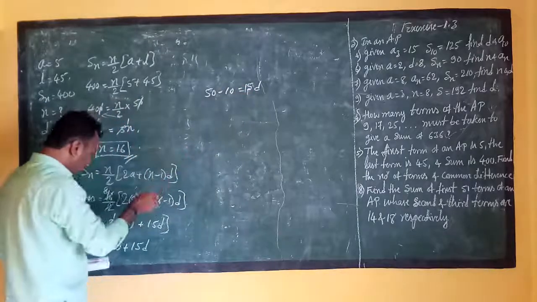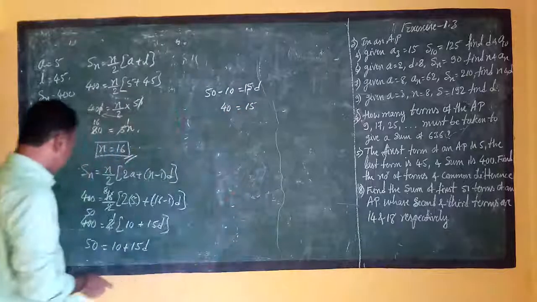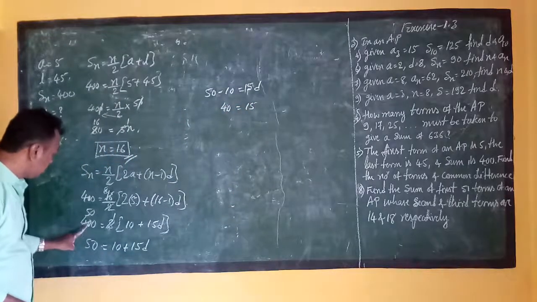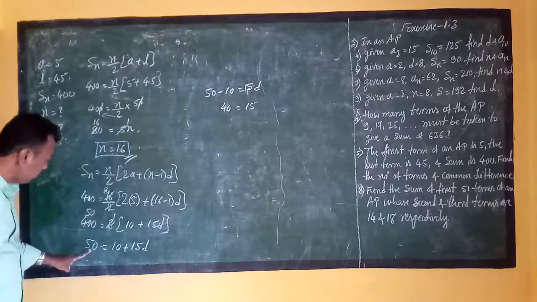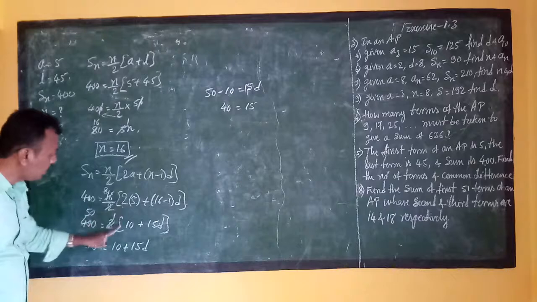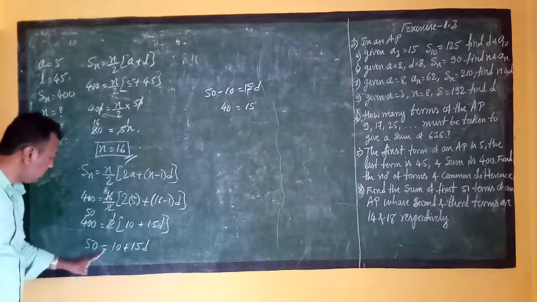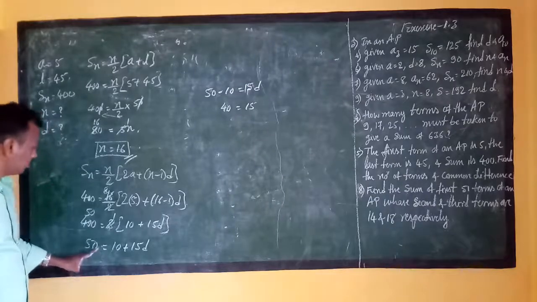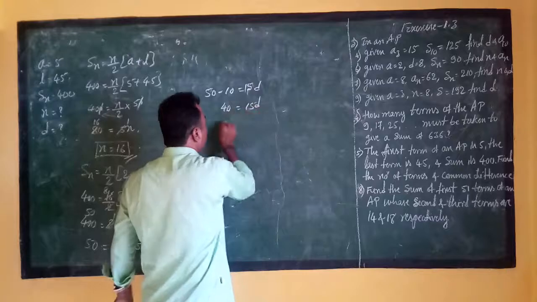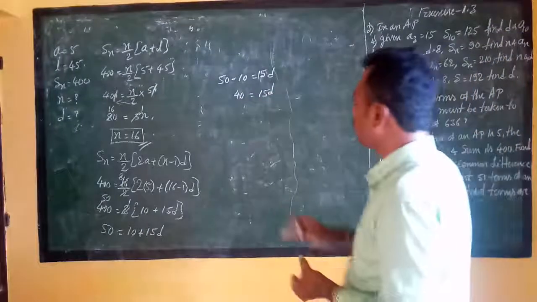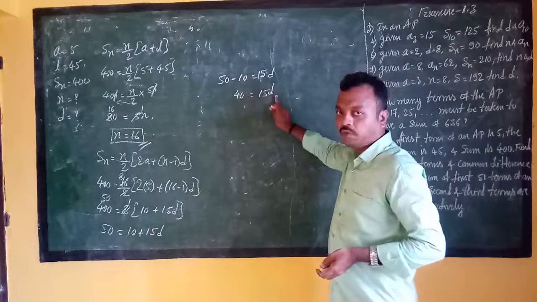And 50 minus 10 becomes 40. So 40 is equal to 15d.